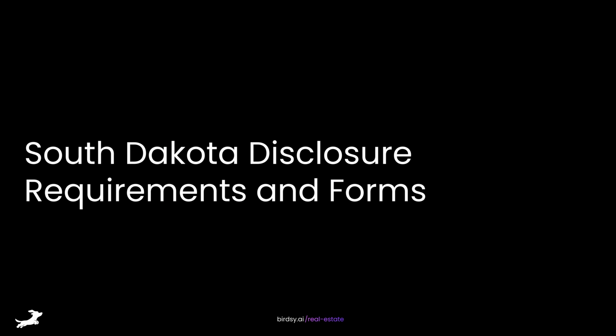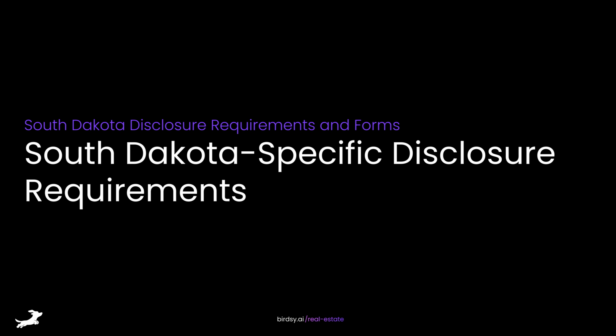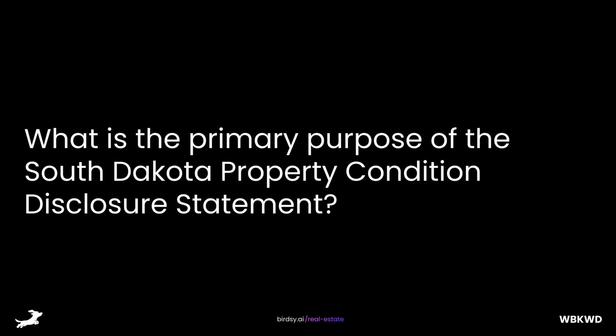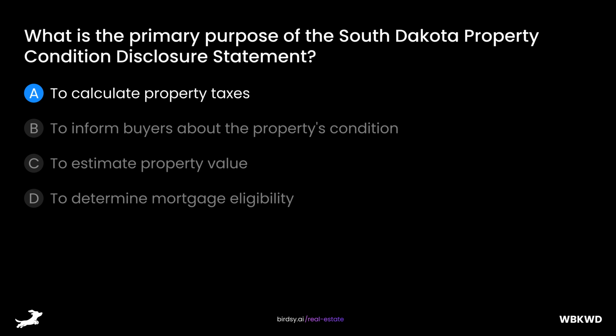Let's review some South Dakota disclosure requirements and forms. South Dakota-specific disclosure requirements. What is the primary purpose of the South Dakota Property Condition Disclosure Statement? Is it A, to calculate property taxes? B, to inform buyers about the property's condition? C, to estimate property value?